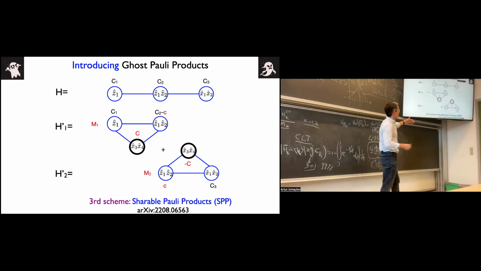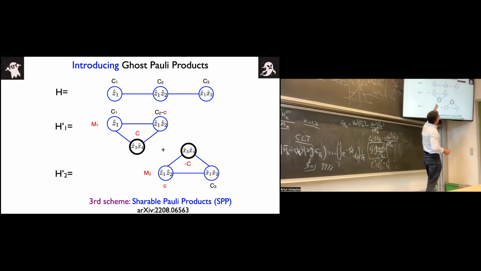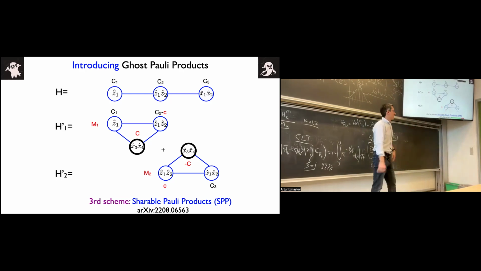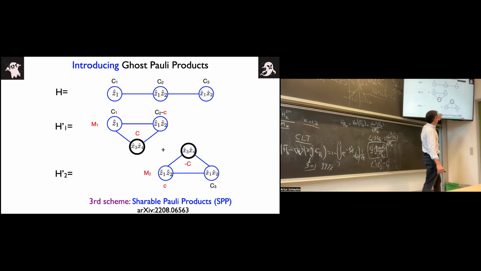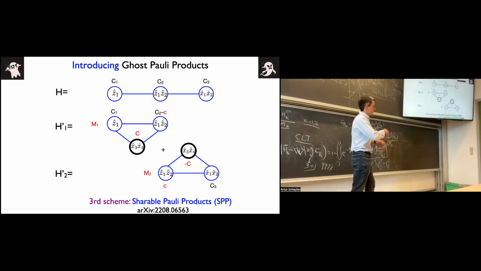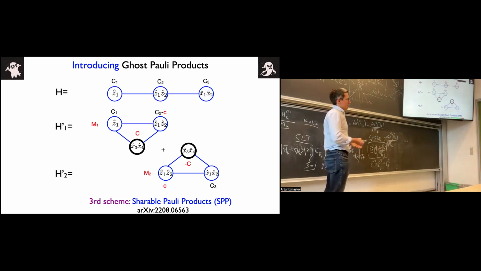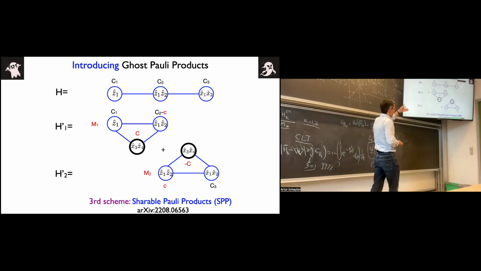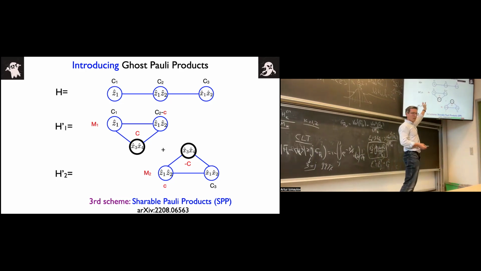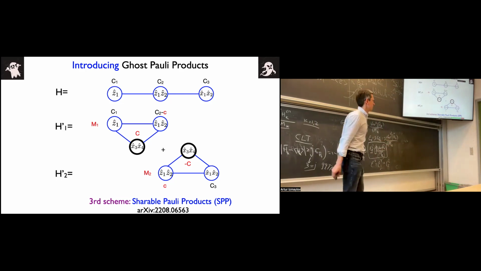So we can add to one fragment a Pauli product with one sign, and in another fragment the Pauli product with just the opposite sign, so that they cancel at the end. The idea is to reduce variance even more by this simple trick. Of course, the trick requires you to put something that commutes with the surrounding, right? So you cannot put something that doesn't commute, at least not in this scheme.